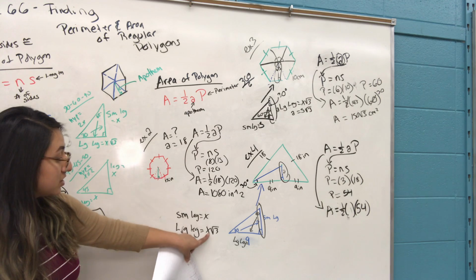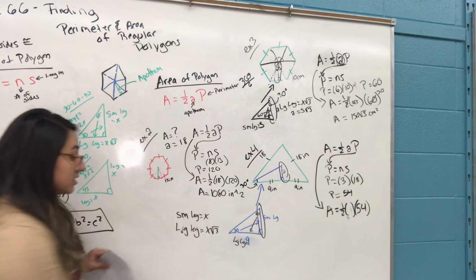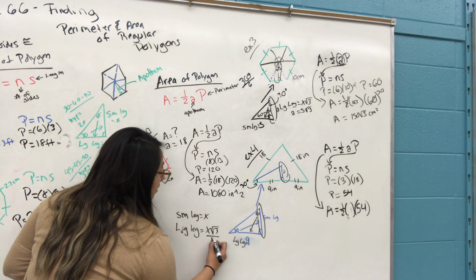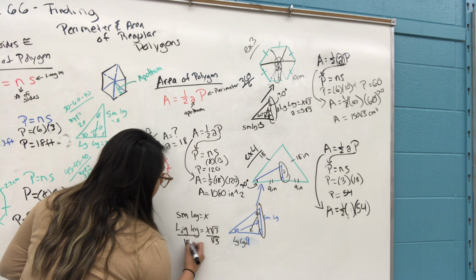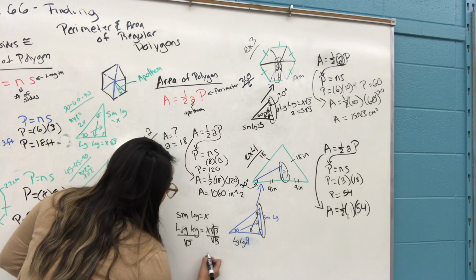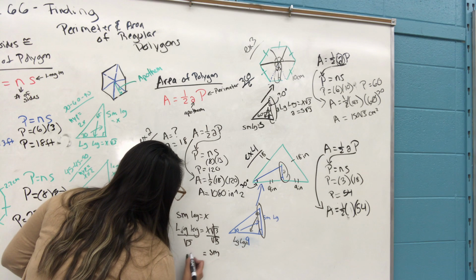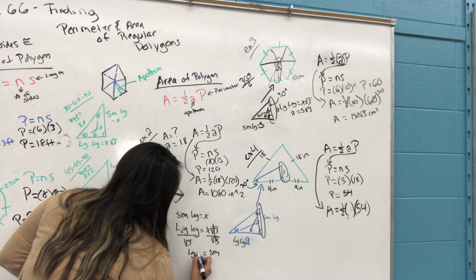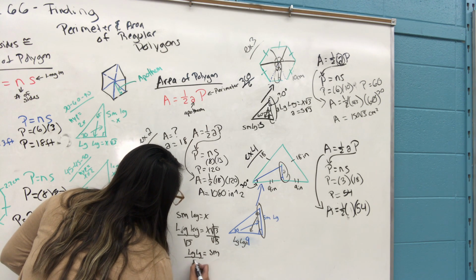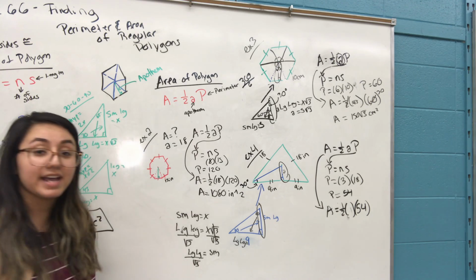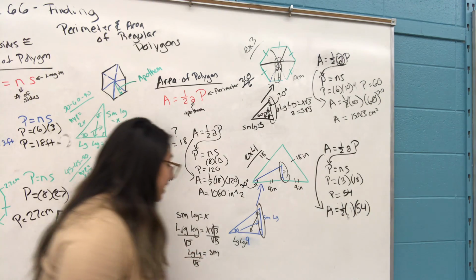That means to find your small leg, that's what x is, you're going to have to divide both sides by radical 3. And your small leg is going to be equal to the large leg divided by radical 3. So here I have my large leg.